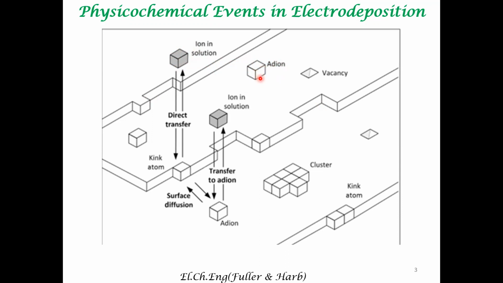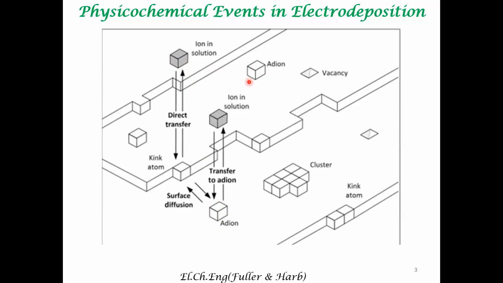Then, under sufficient cathodic potential, electrons are added to the adsorbed ions, and atoms can be deposited onto the surface. There are also transport processes associated with the transport of ions to the electrode surface.